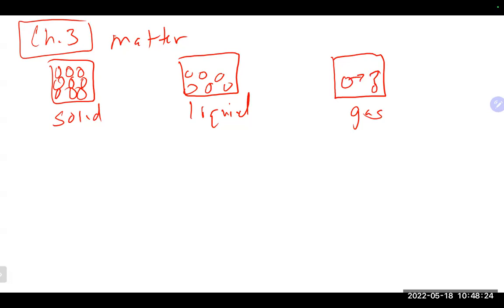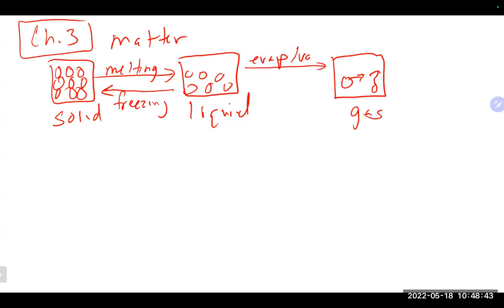We also talked about the transitions that occur as you go from one state to the next. So as we go from solid to liquid, that's the process of melting. Going the opposite way, liquid back to solid, is the process of freezing. Going from liquid to gas, that's the process of evaporation or vaporization.